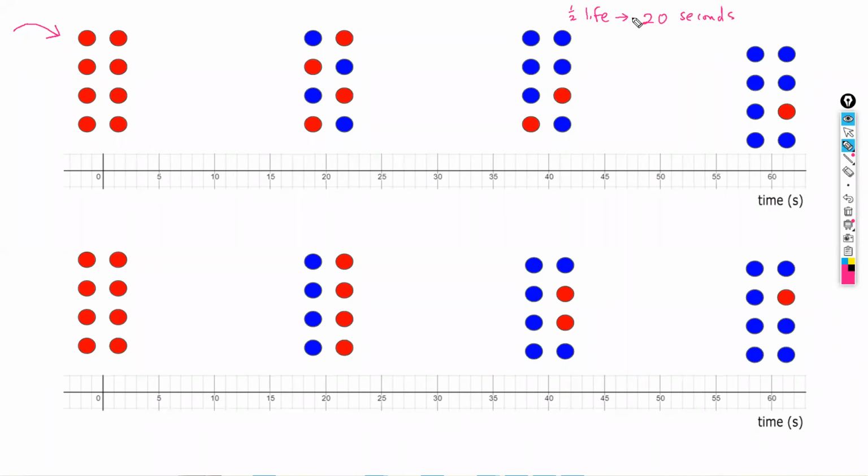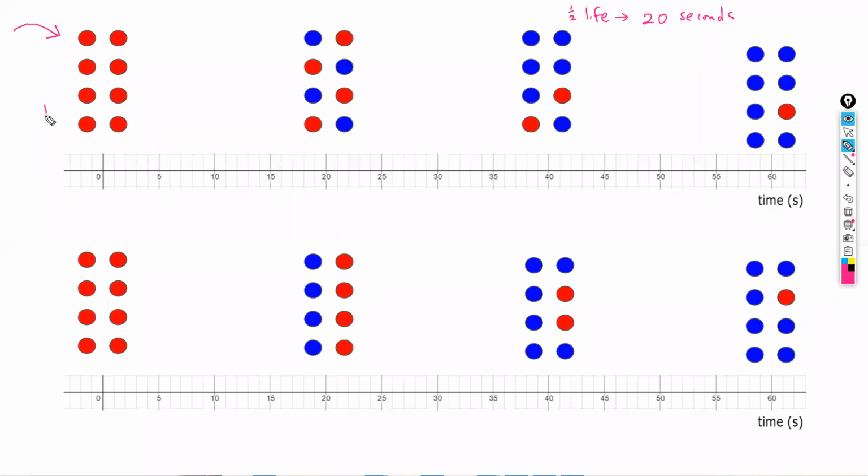What does a half-life of 20 seconds mean, right? It means that every 20 seconds, half of the radioactive substance available will give off radiation and change into something else. So let's start here.